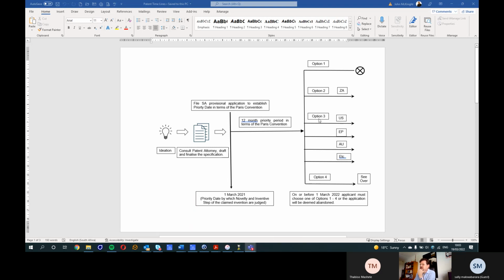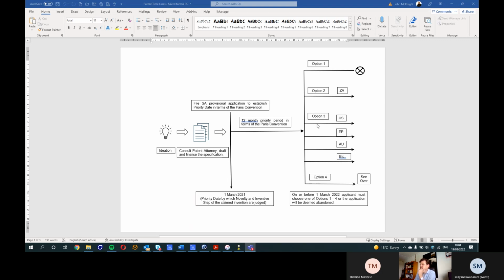Okay. Option 3 is you say, you know what, this invention is really cool. It's got legs. There are people in Europe, there are people in America who are interested in it. I'm going to file in those countries. Okay. I can do option 2 in conjunction with option 3, which is to say, when I file in South Africa, I'm also going to file in the US, Europe, Australia, or whatever other countries I want.